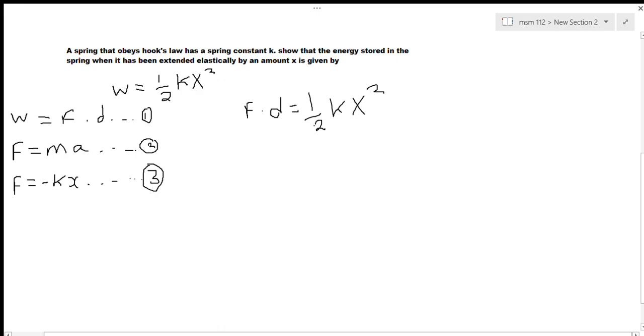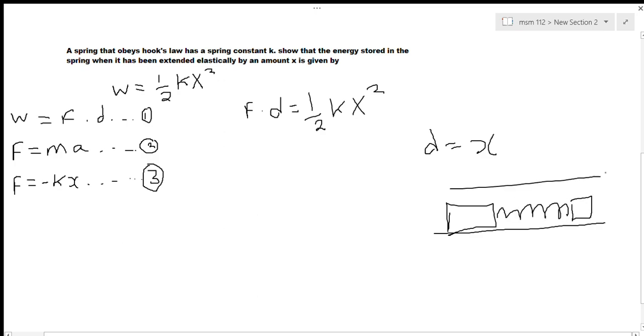You see? And while there is force there, the distance d we can regard as x. When we are looking at the motion of this spring, we consider this as a thing which has got some form of distance which is stretched in the x direction. So where there is d, you put x.